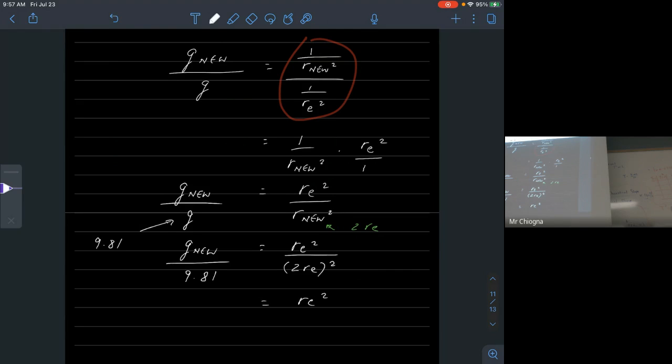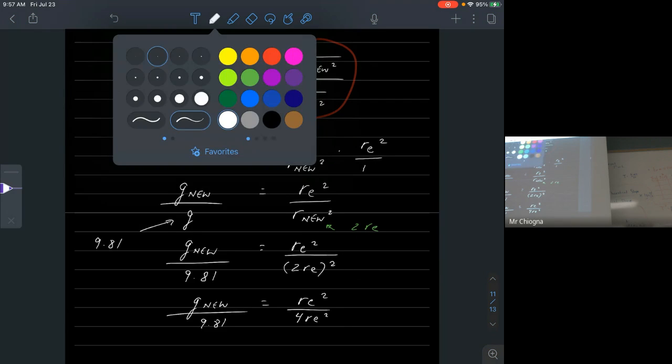Squaring everything in brackets, you get 4RE squared. Okay, and then the RE squared cancels out.